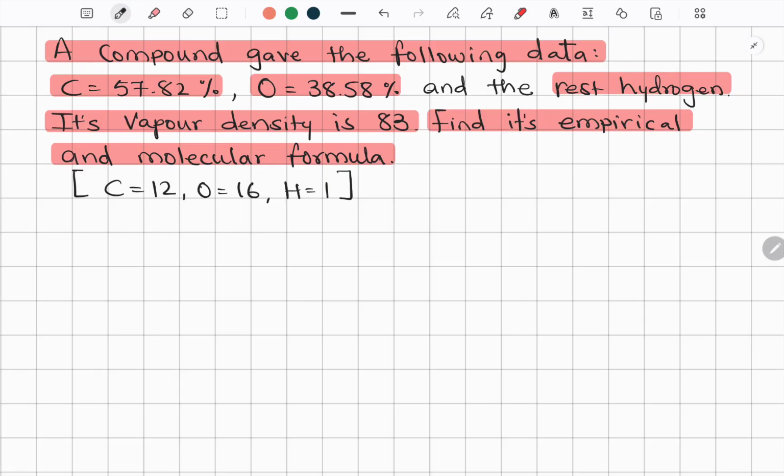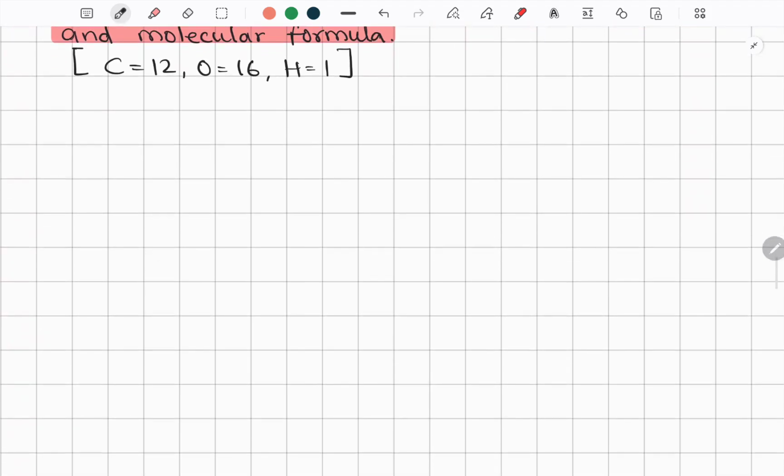In order to solve this type of question, first we have to make one small table. First we have to make five columns: 1, 2, 3, 4 and 5. Let's see what is going to be inside it. The first is the element. The second is the percentage composition.